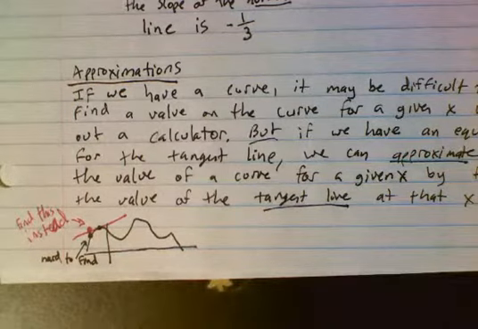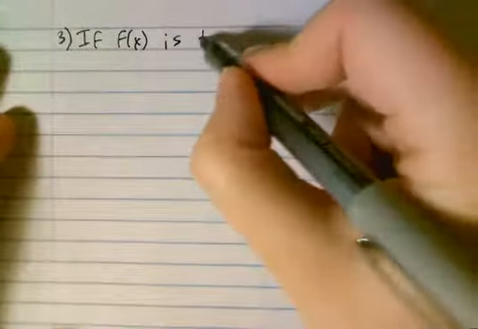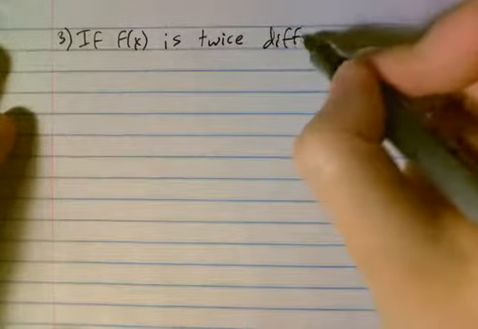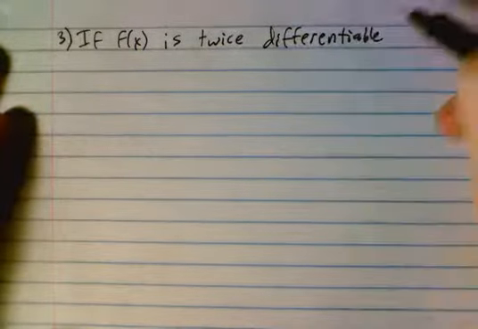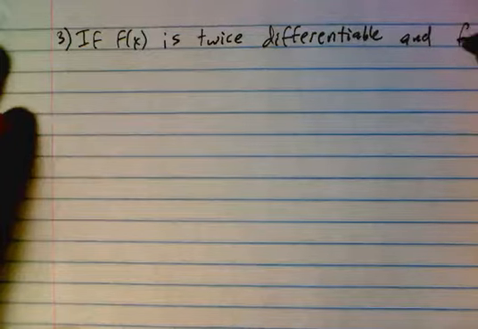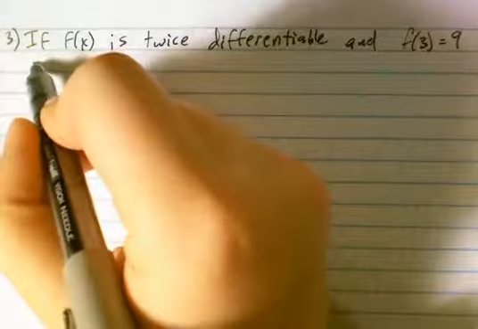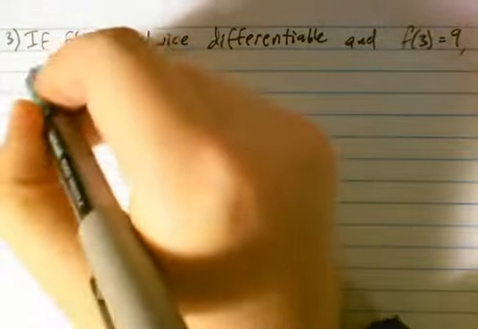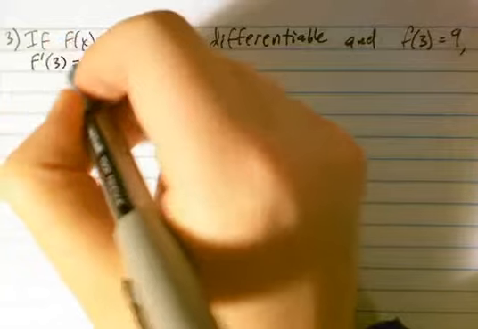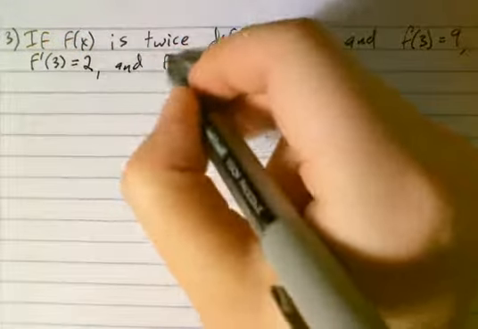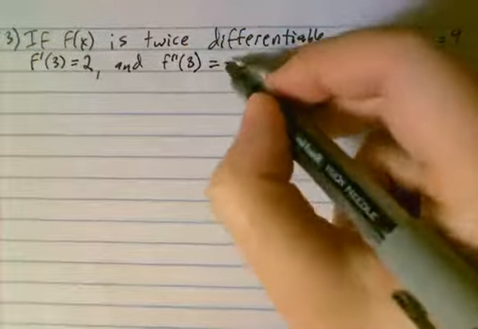So let's look at a problem for this. If f of x is twice differentiable, and f of 3 equals 9, f prime of 3 equals 2, and f double prime of 3 equals -1.